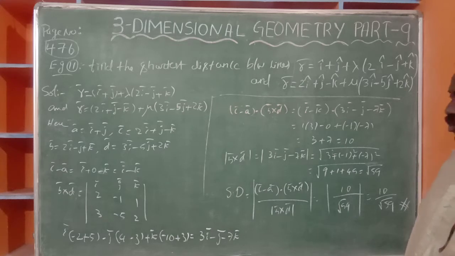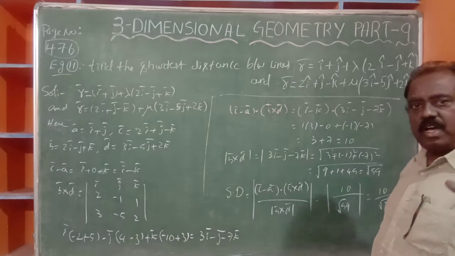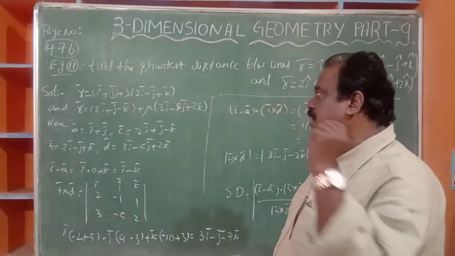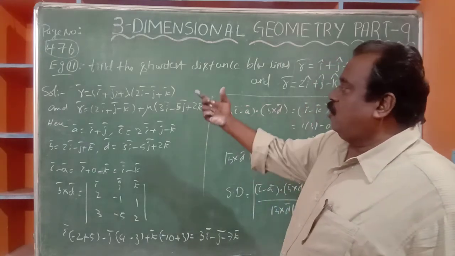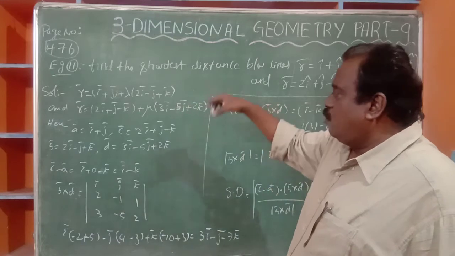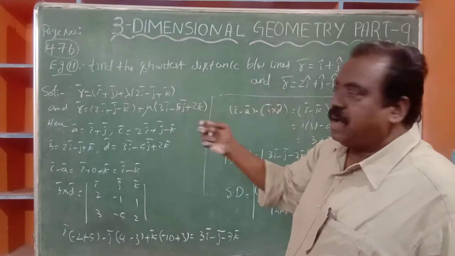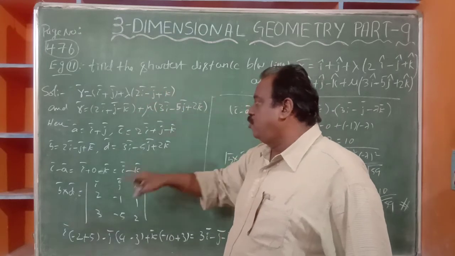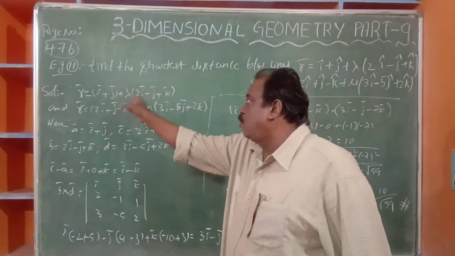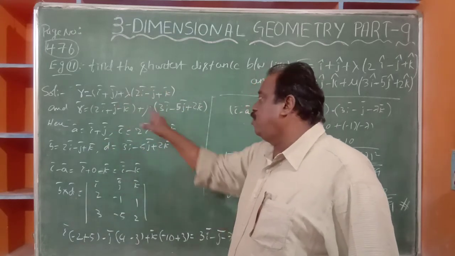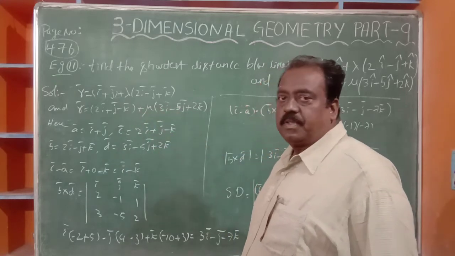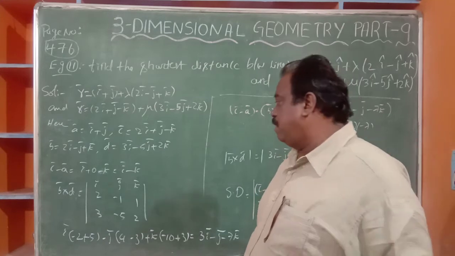You see, whenever we are given the lines in vector equations, you separate A bar, C bar, B bar and D bar. The first one is A bar plus lambda B bar, so B bar is this one, A bar is that one. The second line is also C bar plus mu D bar. First you find C bar minus A bar.